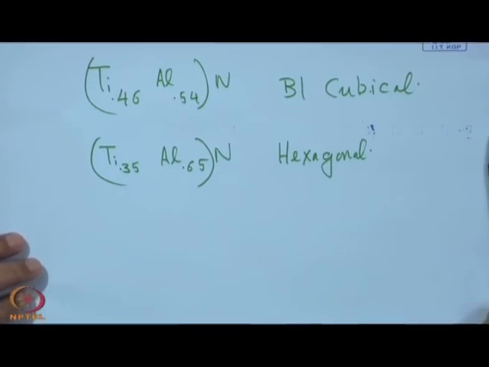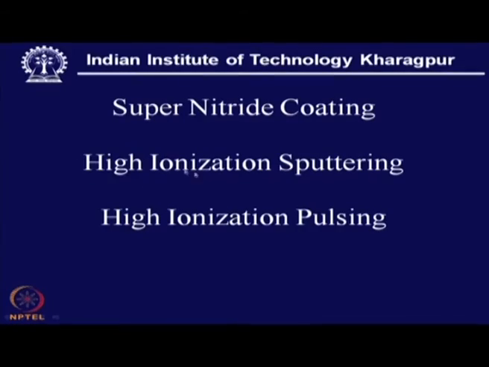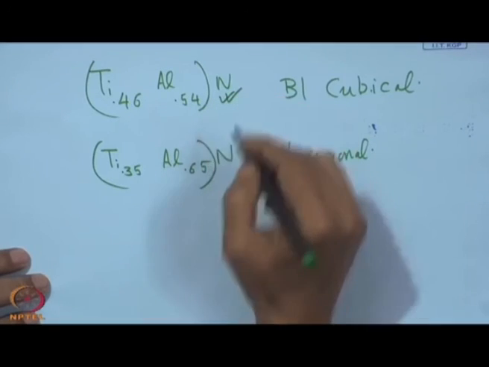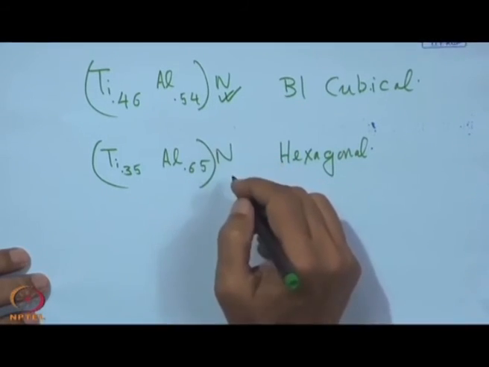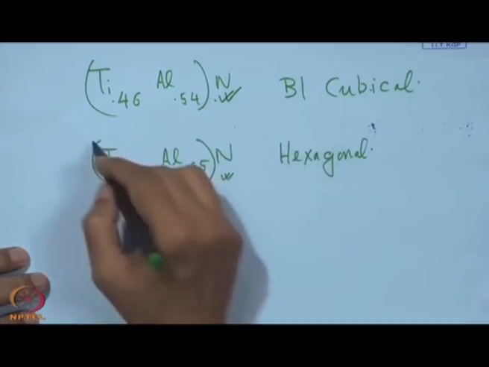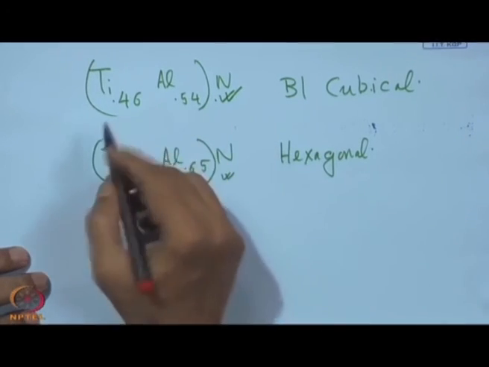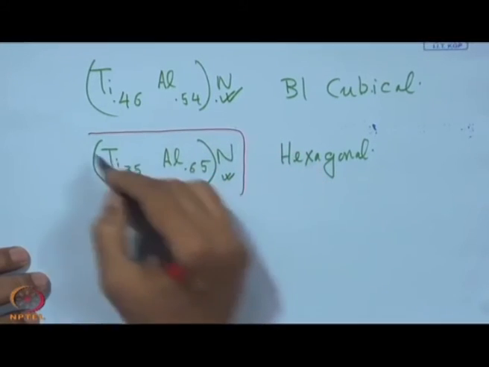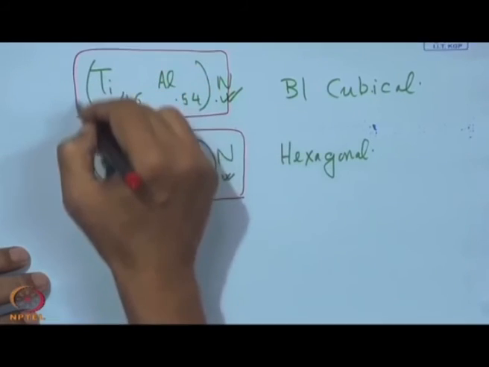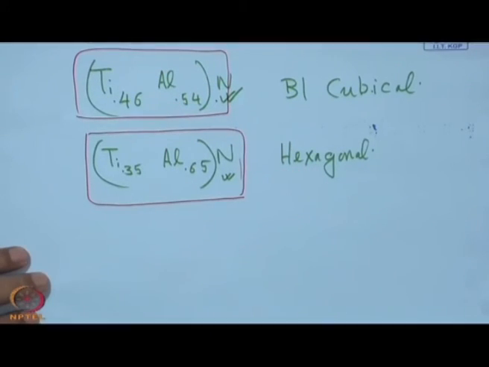We need this supernitride, and this coating is in every respect harder than this one, denser than this one, and its resistance to oxidation is better than this one. So, this coating is in every respect a superior coating compared to this one, and it is also going to be a metastable state.